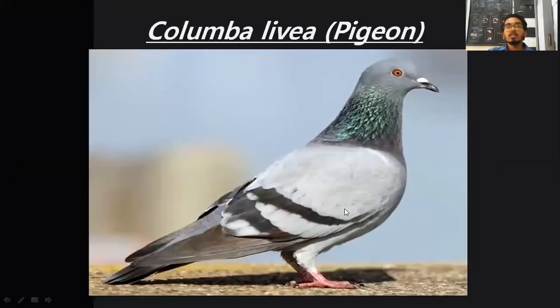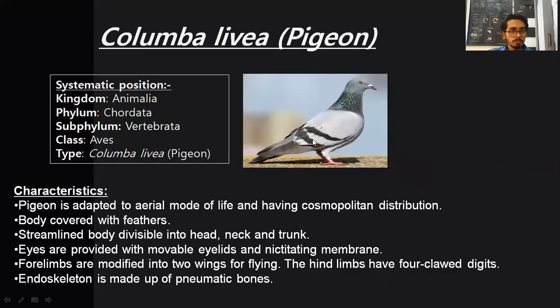Then the next specimen is from a higher class, the birds, that is Aves. The type specimen is Columba livia, also called the pigeon. The systematic position is kingdom Animalia, phylum Chordata, subphylum Vertebrata, and the class is Aves. The characteristics: the pigeon is adapted to an aerial mode of life and has cosmopolitan distribution. That means they are found in most major parts of this planet.